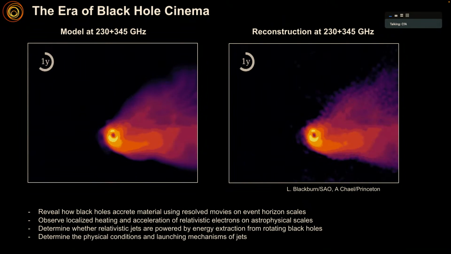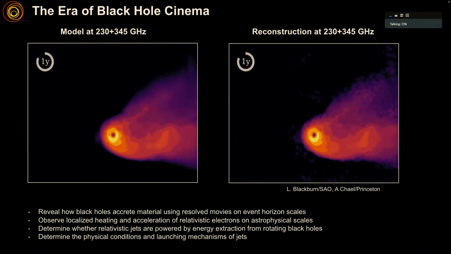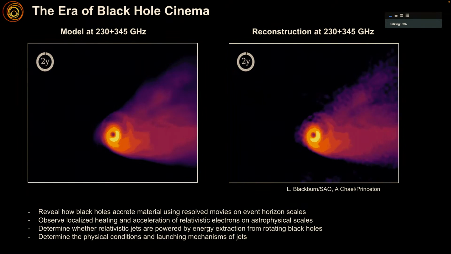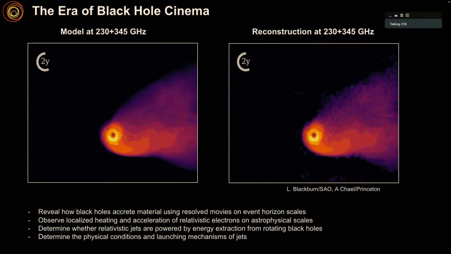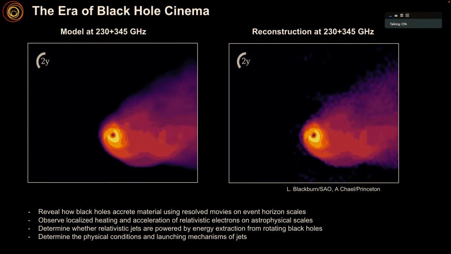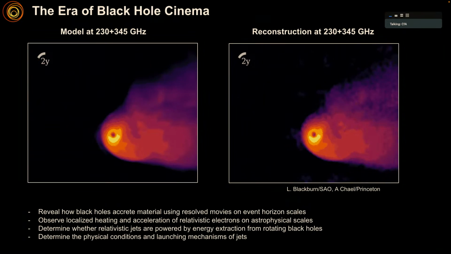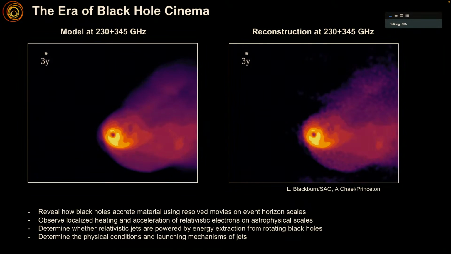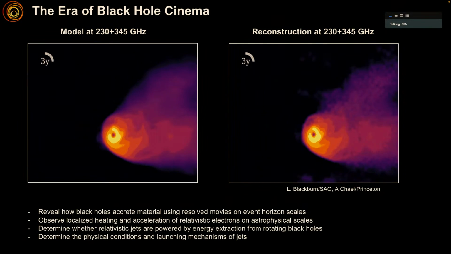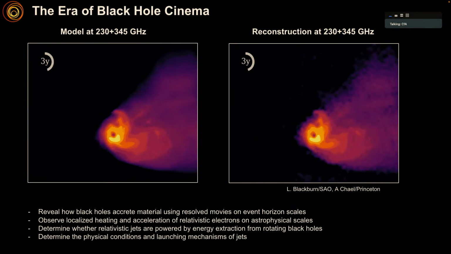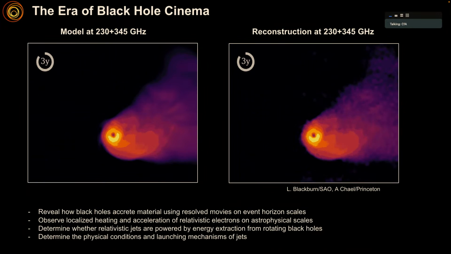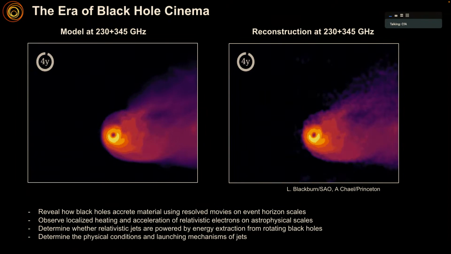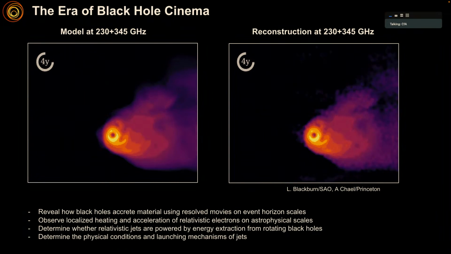In the case of M87, it would allow us to directly connect the ring around the black hole and its outward jet, where we can learn about how black holes accrete material, how electrons are accelerated, how the spin of a black hole can actually power these jets, and what are the physical conditions and mechanisms in these jets together with the black hole.